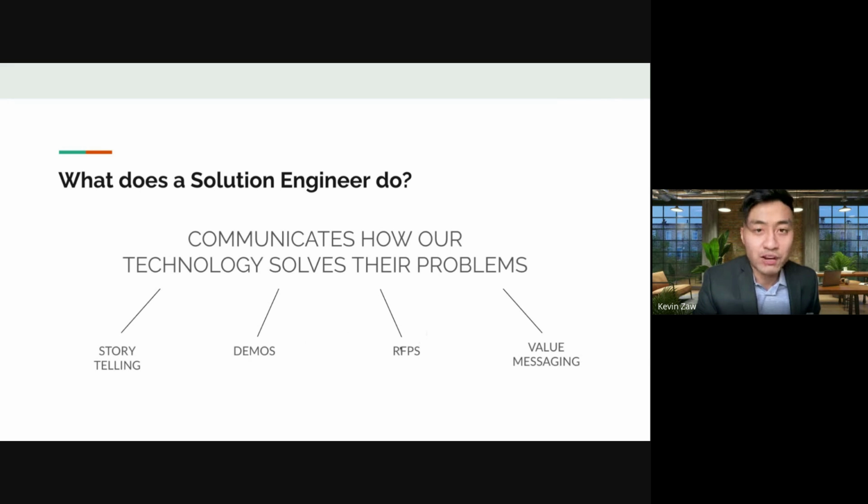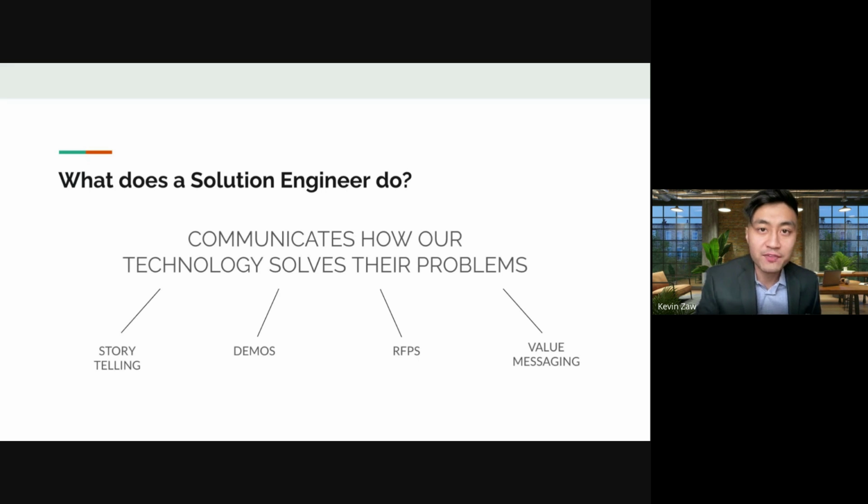Another way is answering RFPs. RFP stands for request for proposal. When companies are evaluating different types of software that they're looking for, they're typically going to write down some of the challenges that they have, right? So what are some of the challenges in keeping track of our sales, the customers we're working with, the deals that we're on?